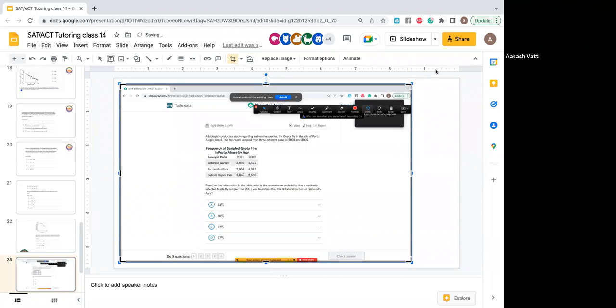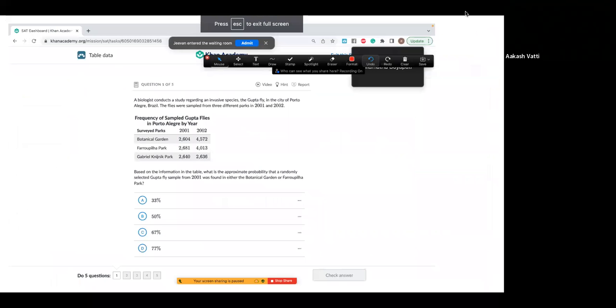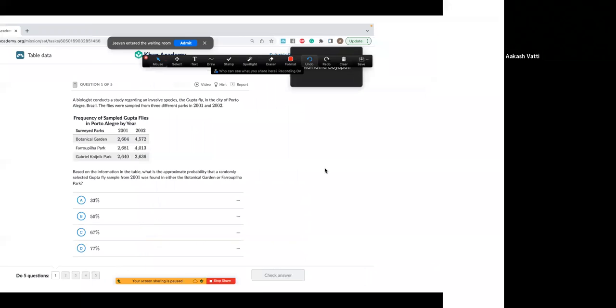There. Just take 2 minutes to do this problem while I try to do it myself so I can explain it to you guys.